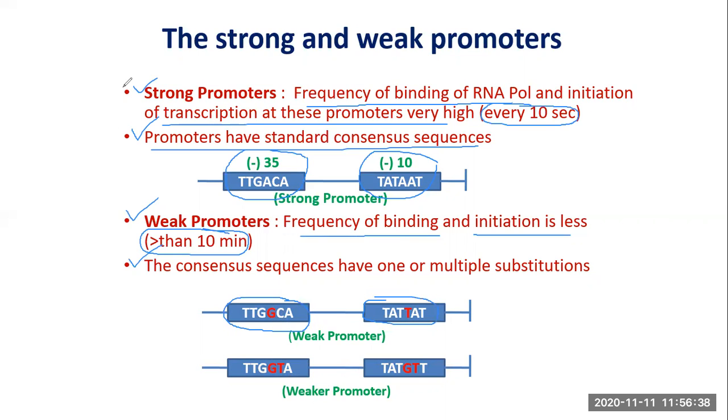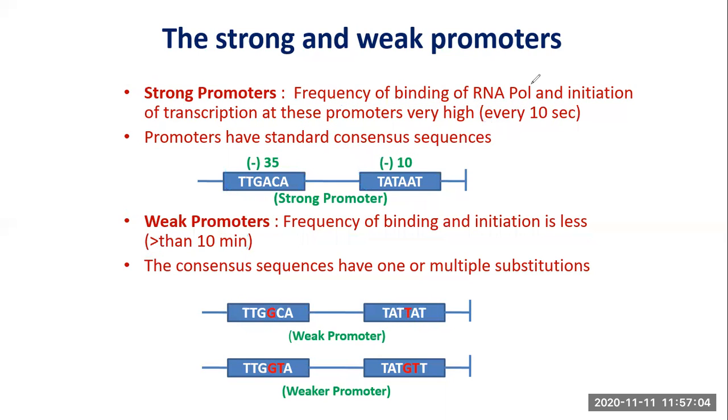So this is the concept of strong promoter and weak promoter. For strong promoters, the frequency of binding of RNA polymerase is high and initiation of transcription takes place almost every 10 seconds. For weak promoters, the frequency of binding of RNA polymerase is less and transcription takes place almost every 10 minutes. Thank you.